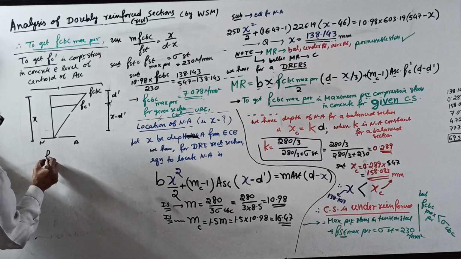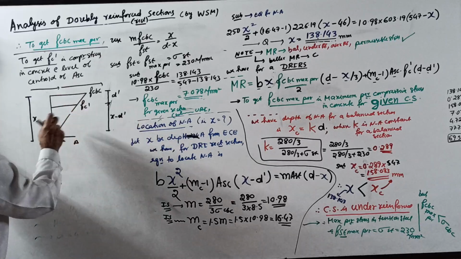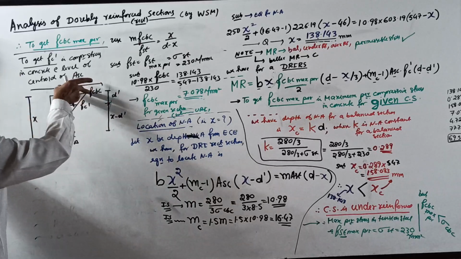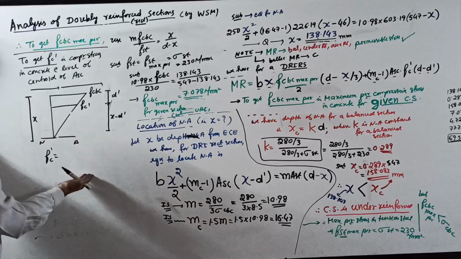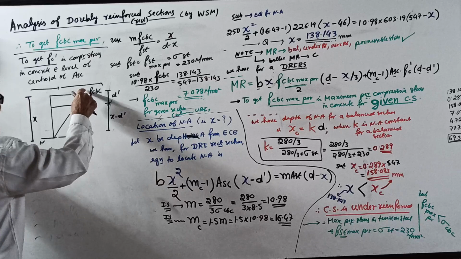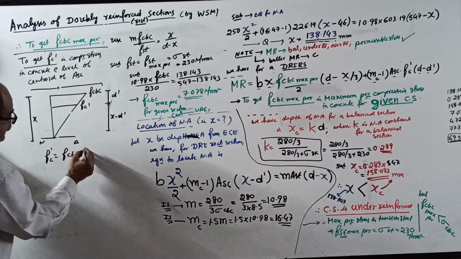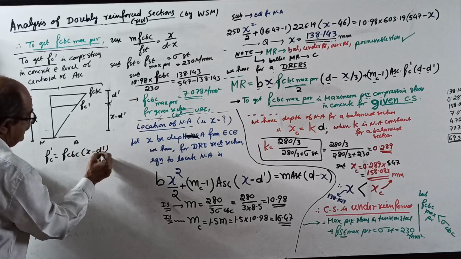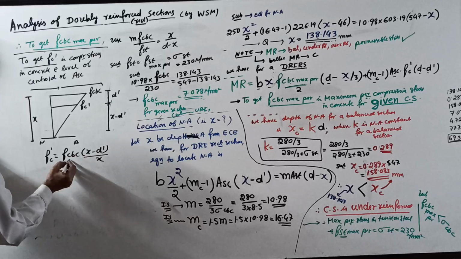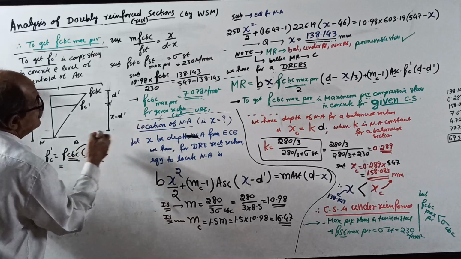FC dash: first write similar triangles, FC dash divided by X minus D dash equal to FCBC divided by X. So FC dash equals FCBC into X minus D dash divided by X. Now substitute FCBC equal to how much?